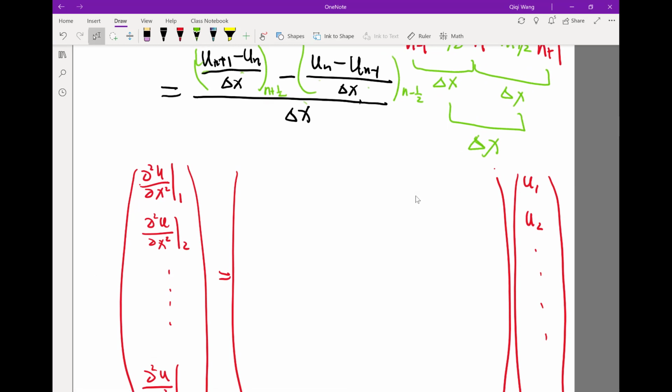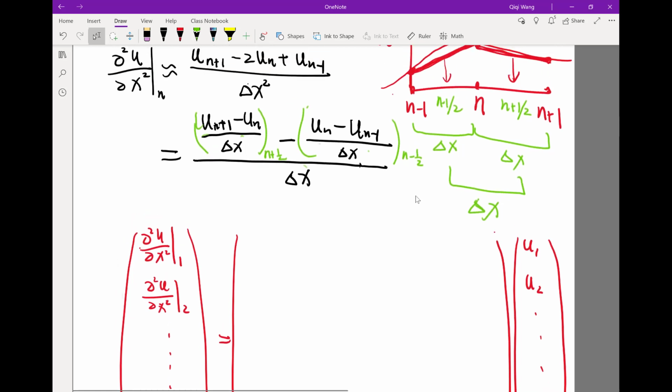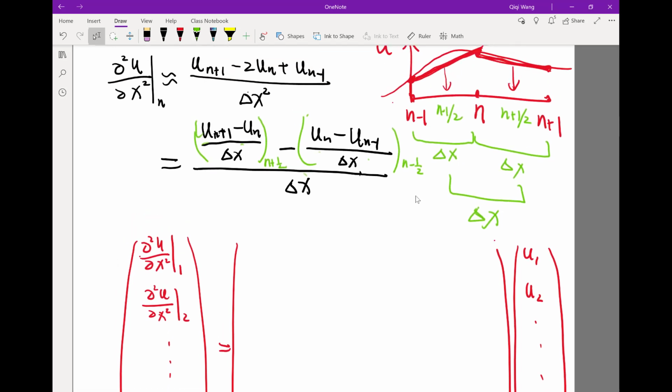First thing we have to really realize is that the matrix not only depends on the approximation scheme, but also depends on the boundary condition. That's actually true for all partial differential equation discretizations. You have to know what the boundary condition is to really complete the discretization.